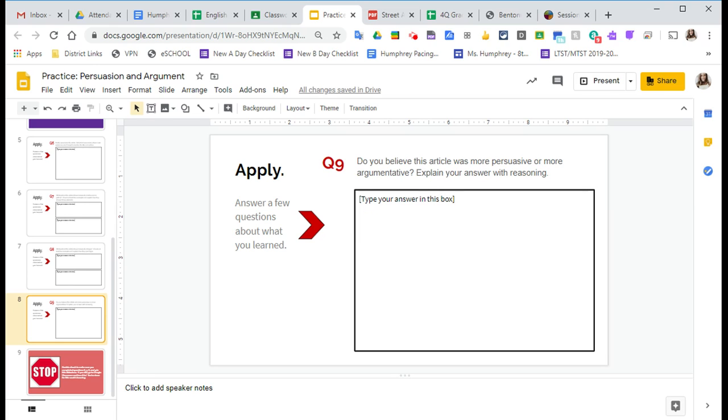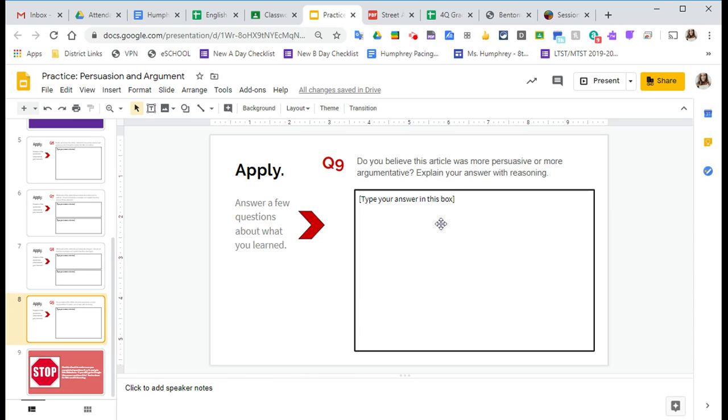So do you have more pathos, ethos, and maybe a little bit of logos? Or is it more argumentative where you've got a lot more logos, you have a lot of claims with solid evidence and reasoning?